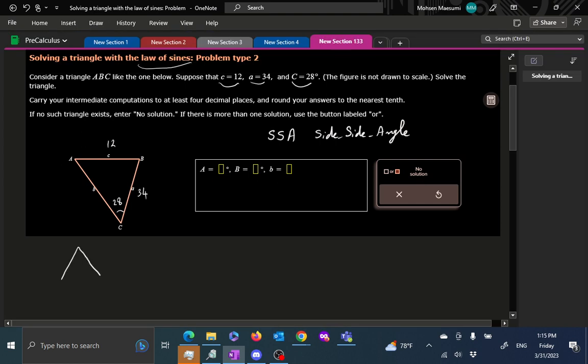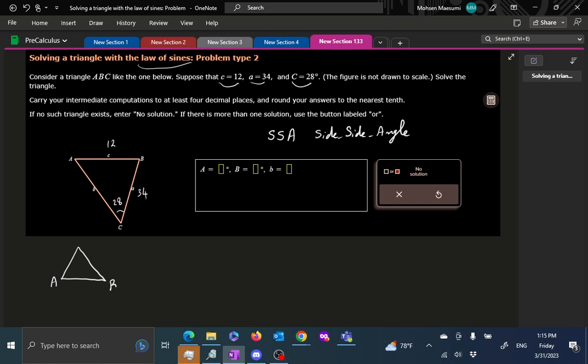What was the law of sines? If you have an arbitrary triangle, angles A, B, C, sides a, b, and c, then a over sine of A is equal to b over sine of B is equal to c over sine of C. So we just put our numbers down here and see what happens.